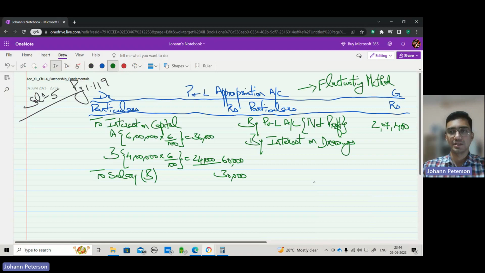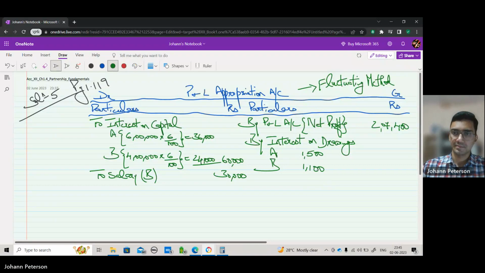So if you look at the fluctuating method, P&L in the partner's capital account, we'll be following the fluctuating method. So by interest on drawings, here we have two partners, A and B, and the interest is given as 1500 for A and 1100 for B, which totals up to 2600.